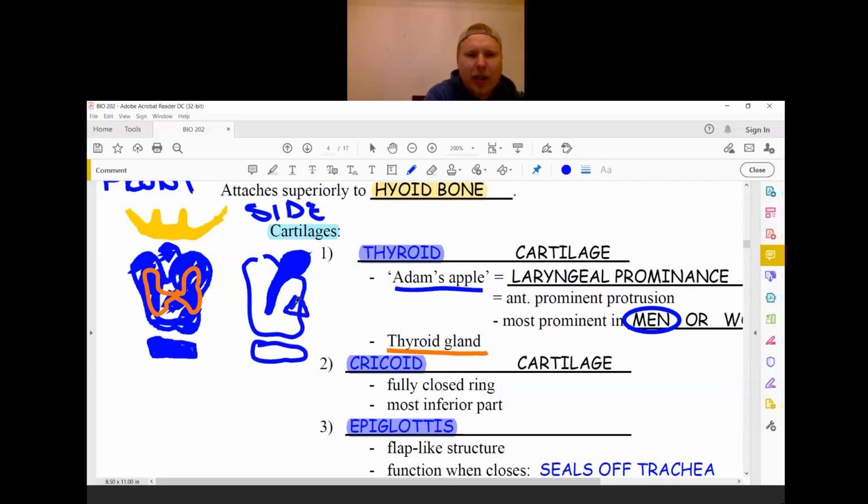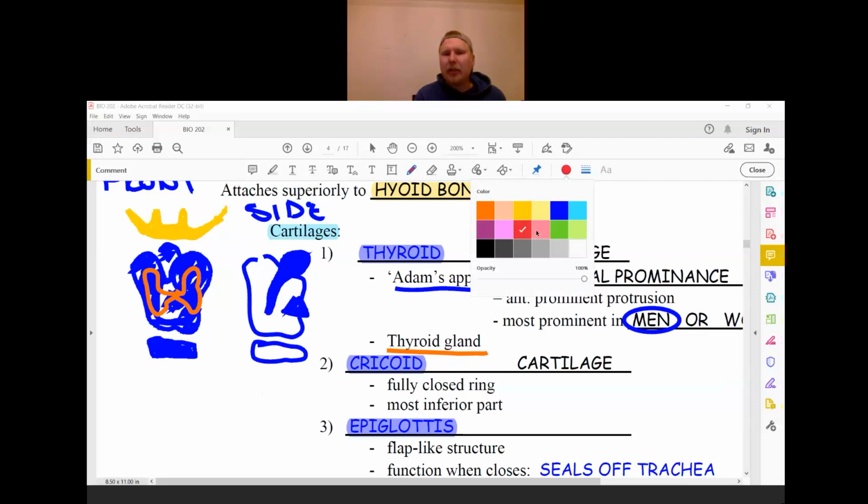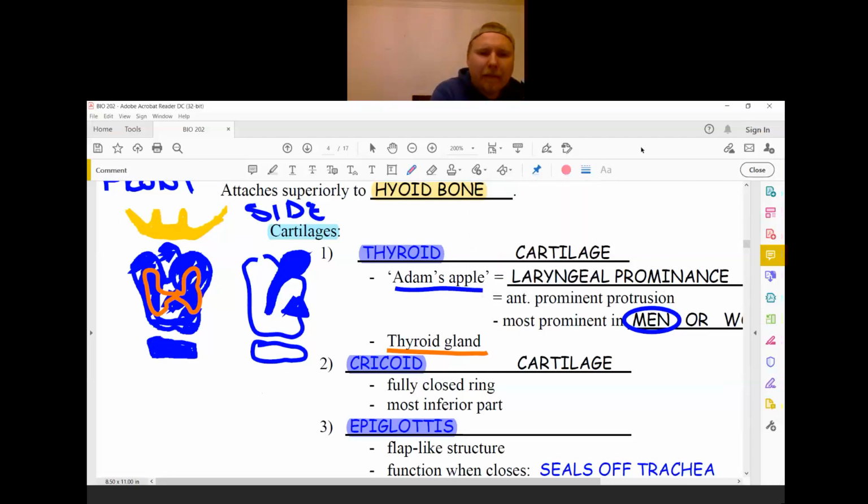And there's a rich supply of muscles that's connected to those. And this helps us to manipulate the angle and also move these arytenoids as necessary.